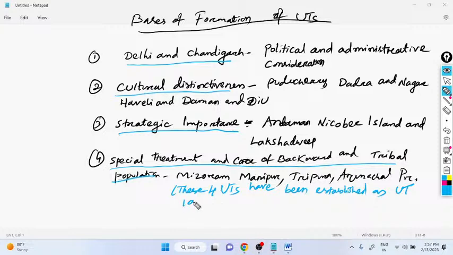For example, in 1972, Manipur and Tripura.